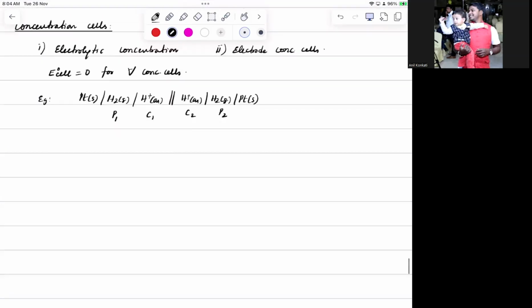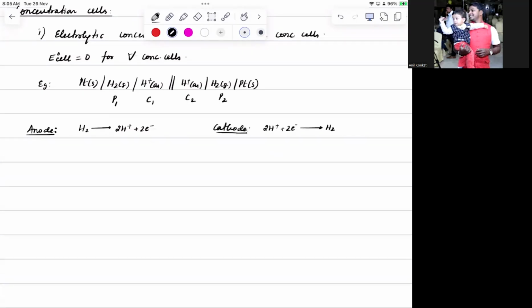Half cell, we can write as H2 converting into 2H plus and 2 electrons. This is the anode. Next, the cathode: 2H plus and 2 electrons giving H2.